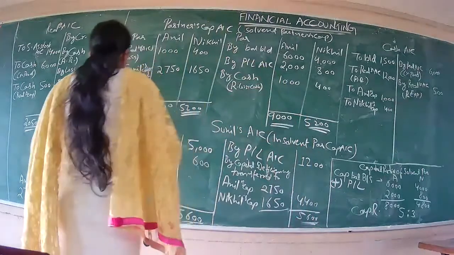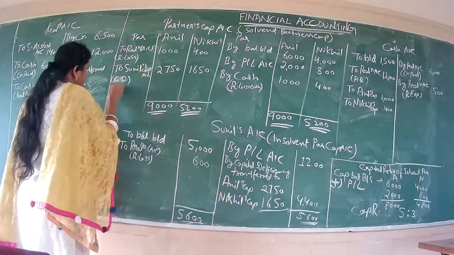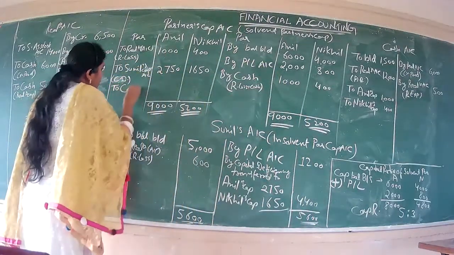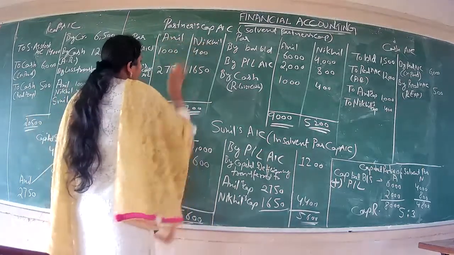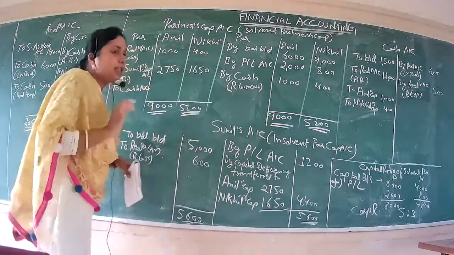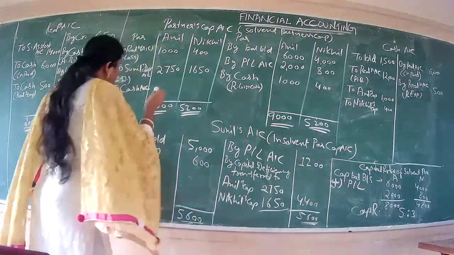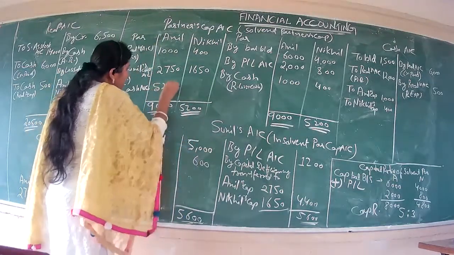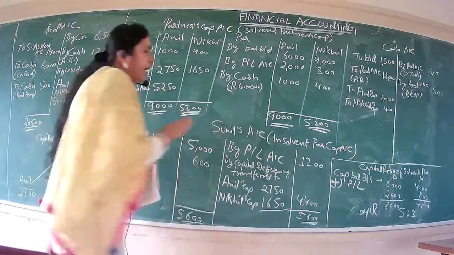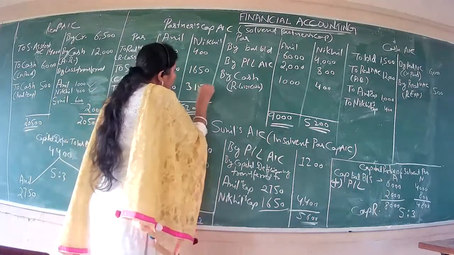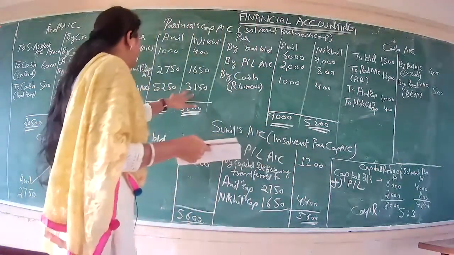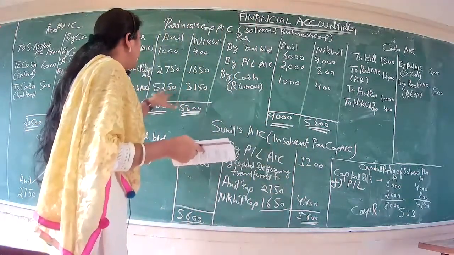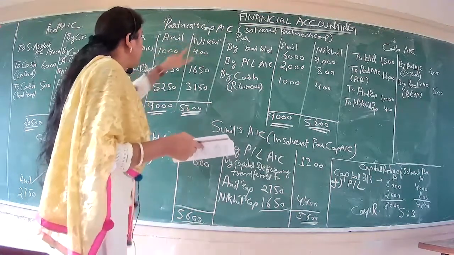If you calculate, then we are going to get the balance on your debit side. So to cash account, that means these two people are going to get some cash balance on the dissolution. And that balance will be your 5,250 and 3,150.